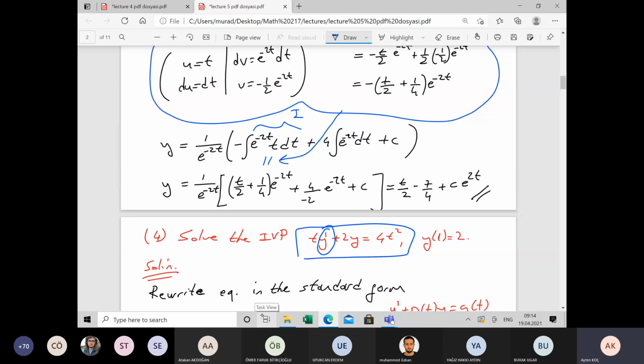But be careful, it is not in standard form. First of all, write the standard form. The coefficient should be 1 here. So we obtain P of t and G of t.